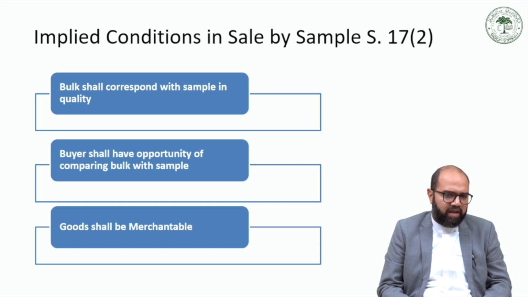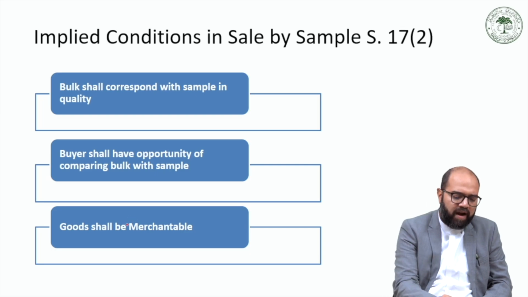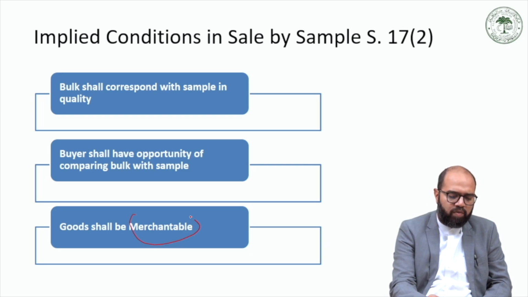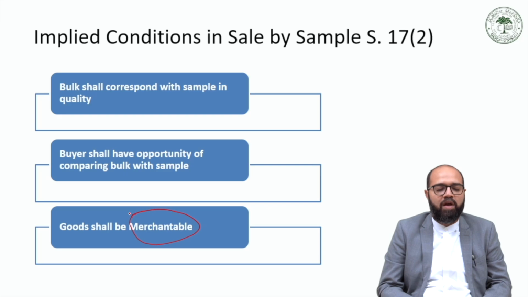Most of these things we have already discussed. For example, we've had an extensive discussion on what is merchantability. We also took a look at what is a sale by sample when looking at the implied condition of description with sample. Therefore, this topic does not require much elaborate discussion.